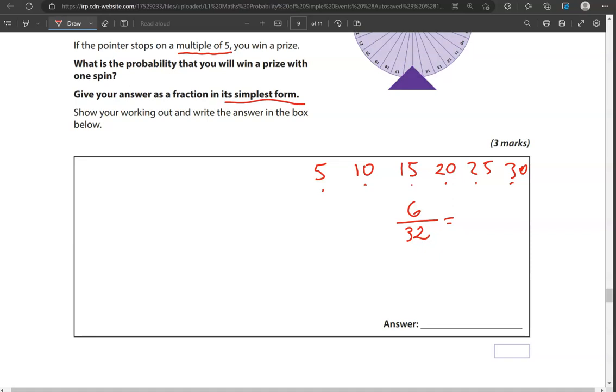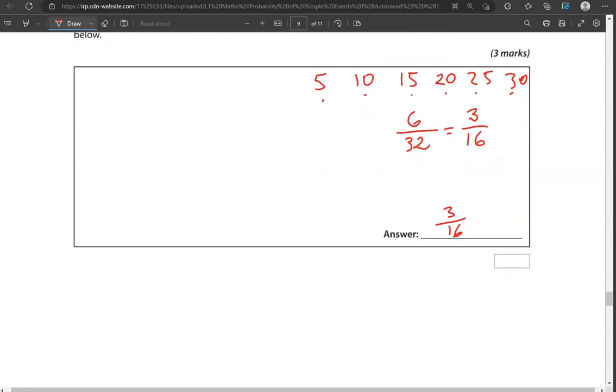So we can divide both numbers by 2. So that gives us 3/16. And we can't go any further because 16 cannot be divided by 3 to give us an answer as a whole number. So 3/16 is the simplest version of the fraction.